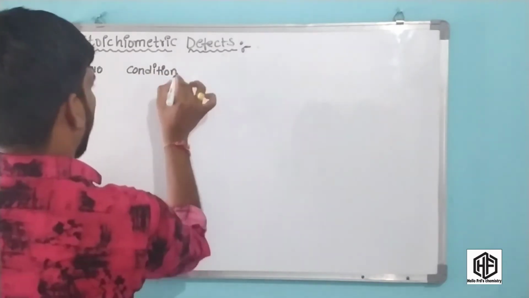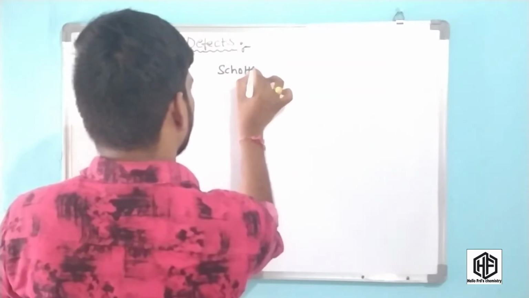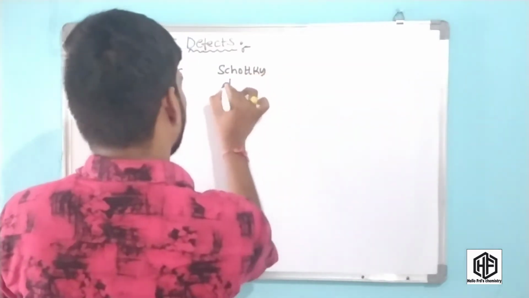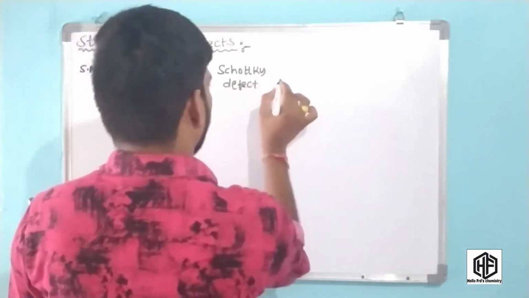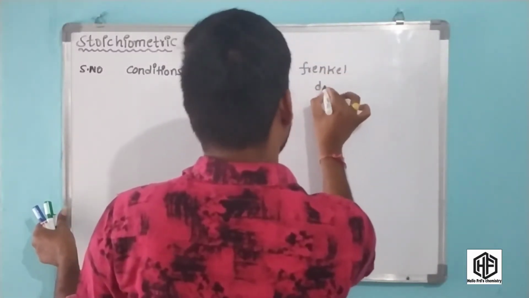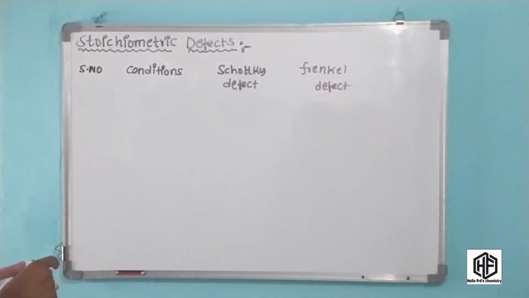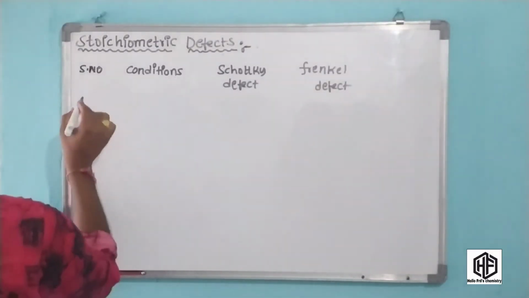Next one is the Schottky defect, and in this case, this is the Frenkel defect. Okay, friends, this is the small representation like this.